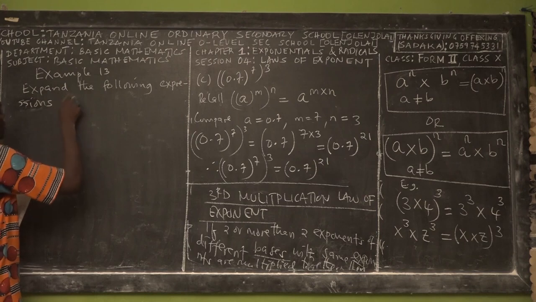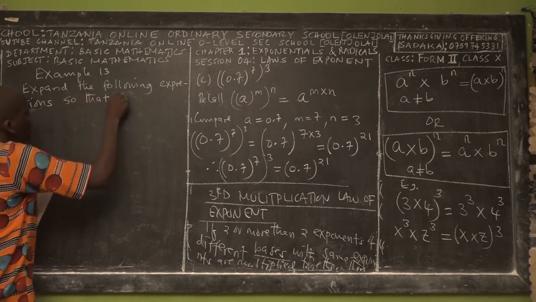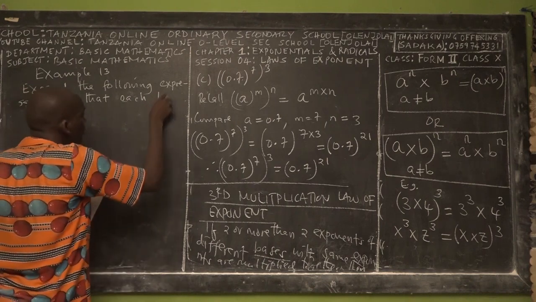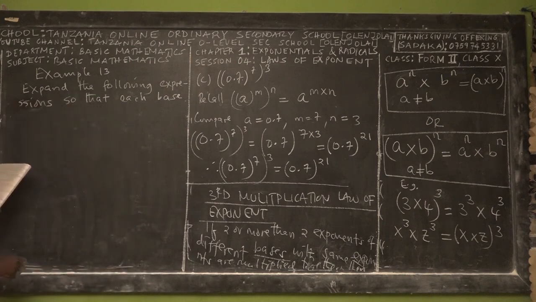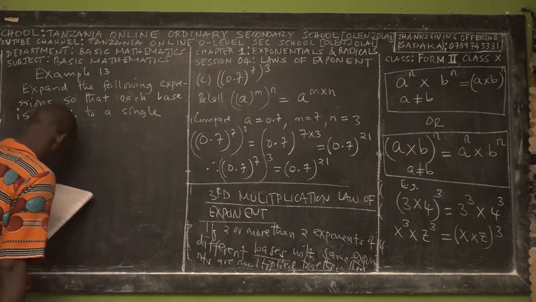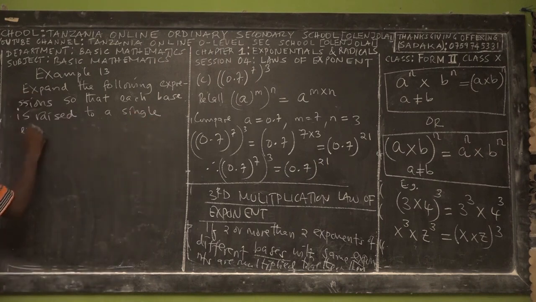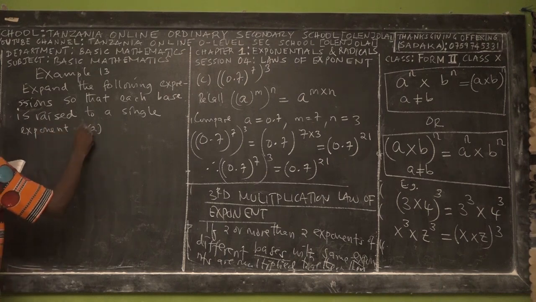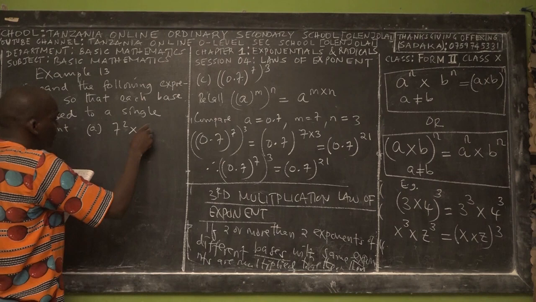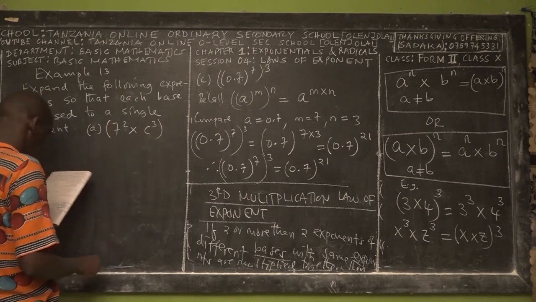So that each base is raised to a single exponent. A: 7 by 2 times c power 3, all power 4.